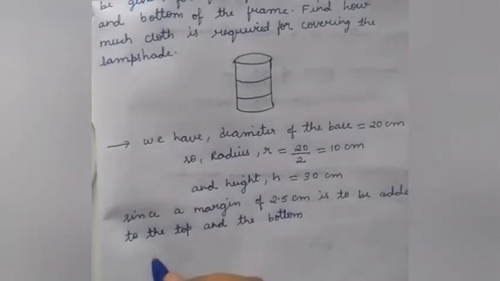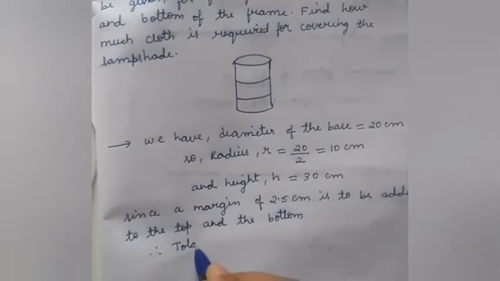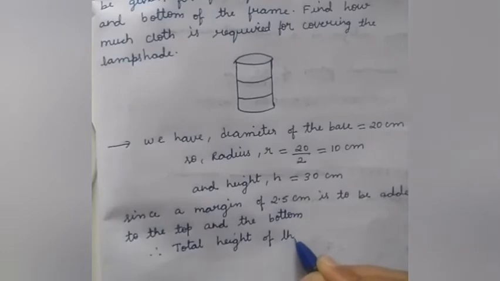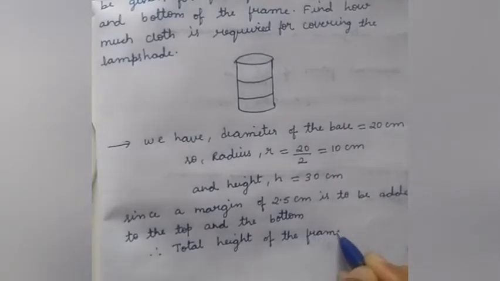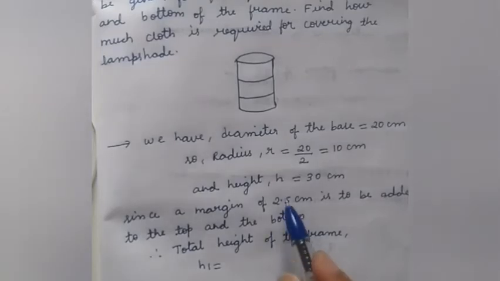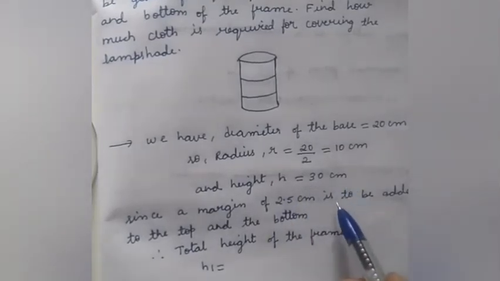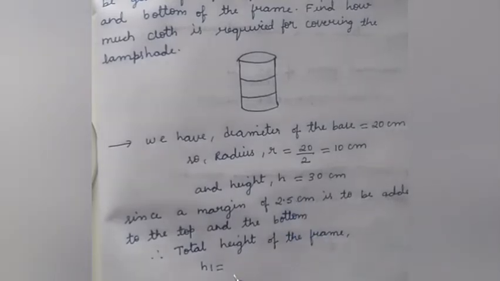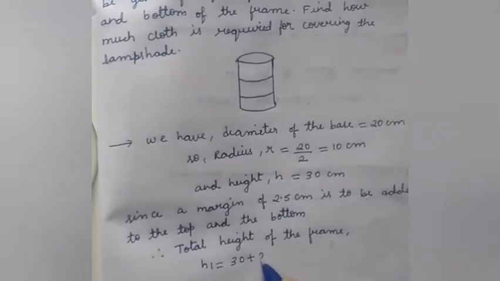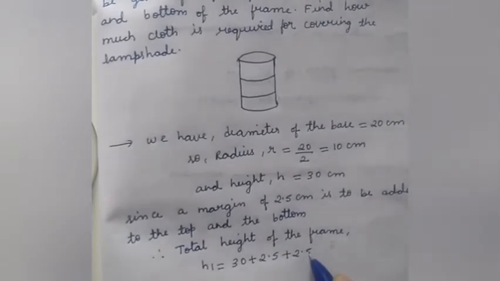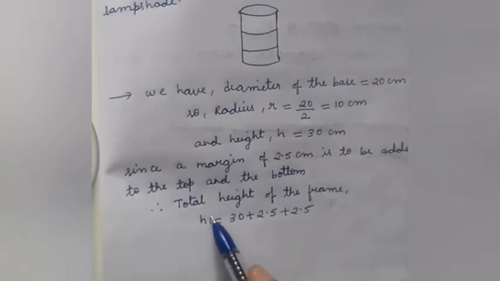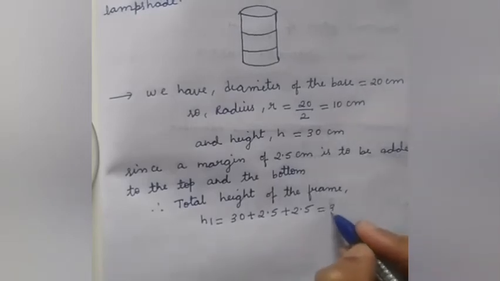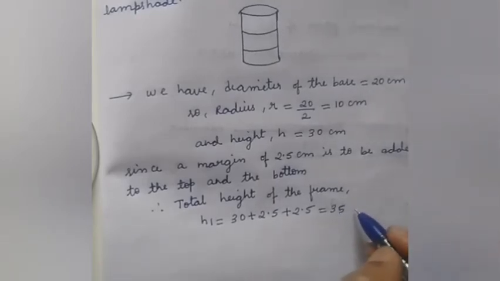Therefore the total height of the frame, let us take it as h1, is equal to 30 plus 2.5 plus 2.5, which is 35 centimeter.